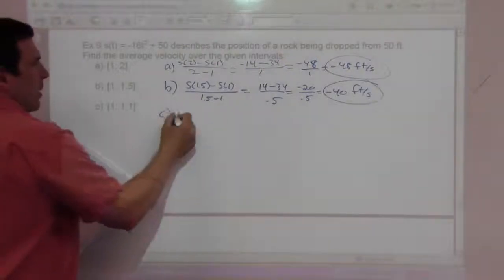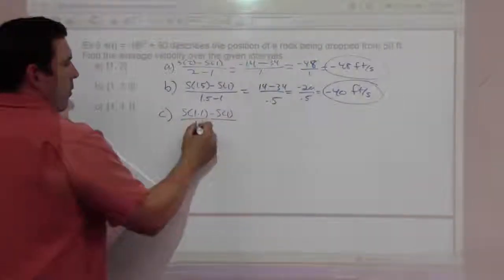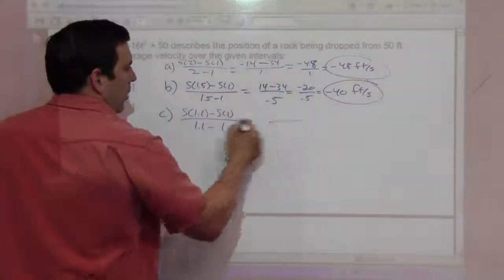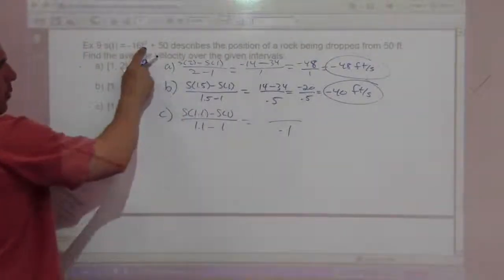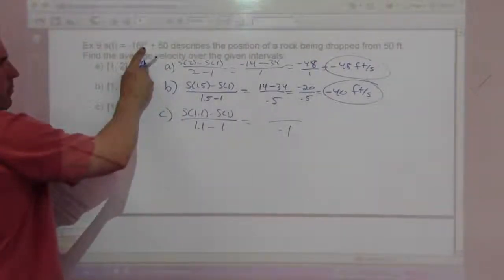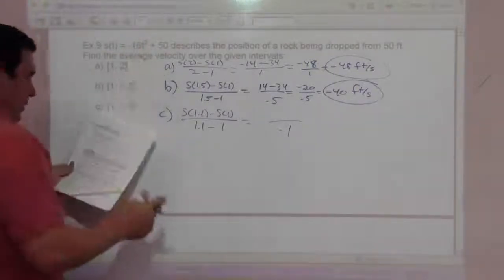The third case, it's s of 1.1 minus s of 1 over 1.1 minus 1. 1.1 minus 1 is 0.1 down below. Now s of 1.1, 1.1 squared is 1.21 times negative 16 plus 50.